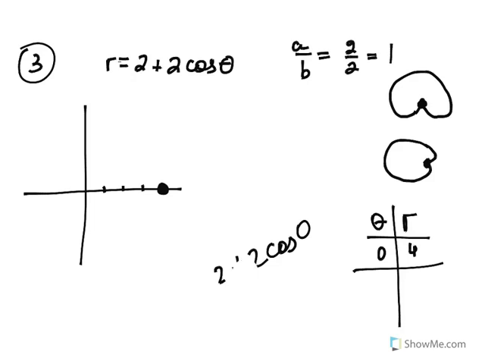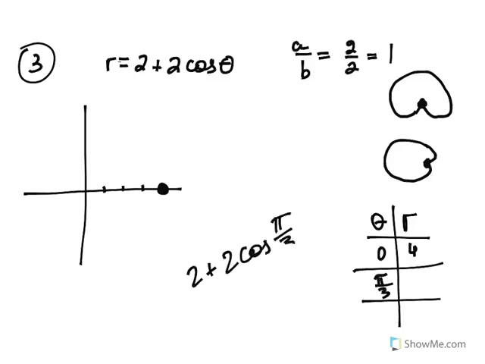Next, let's try pi over 3. 2 plus 2 cosine pi over 3. Cosine of pi over 3 is 1/2. This becomes 1, so the result is 3. 60 degrees here, and 3, that will be 1, 2, 3. So we're here. So you can tell you're going this way.